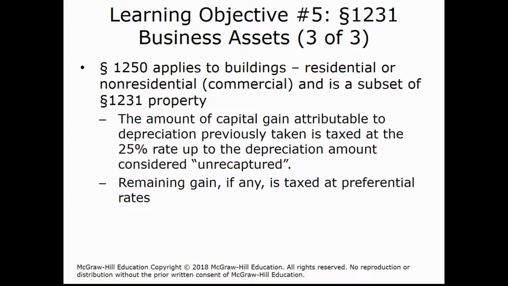The reason they do this is because the preferential tax treatment for real estate is pretty limited, since real estate is depreciated on a straight line basis. Personal property, such as equipment, or we call it personalty, gets the benefit of accelerated depreciation. So any recaptured amount of gain on the sale of those assets is taxed at the ordinary tax rate. So they don't get the benefit of this 25% rate.